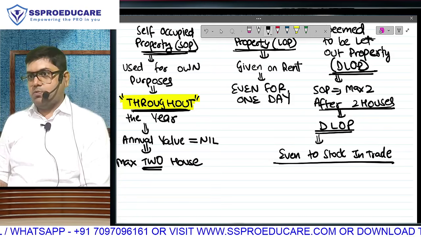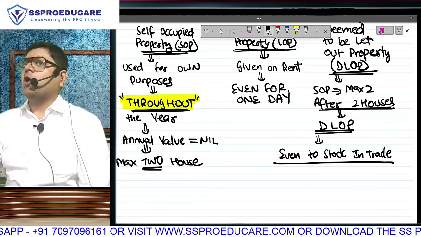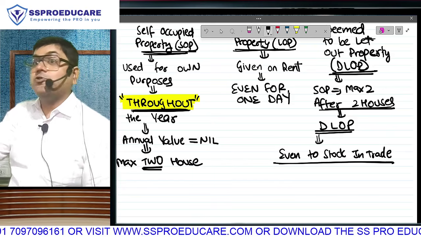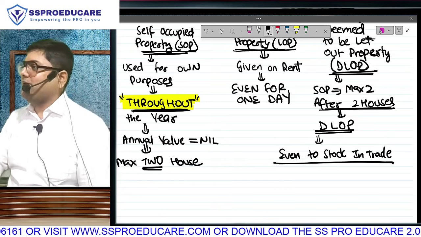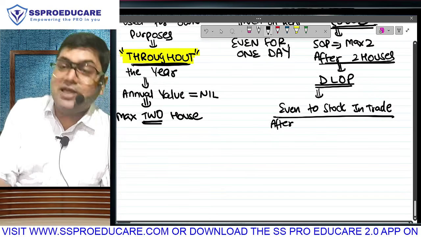So DLOP will now apply also to stock in trade, but we need to be a little fair to them also. When a builder constructs a new building, it is not possible that everything can be sold overnight. 100 is an example, so 98 flats can't be sold overnight. We need to give you some time. So we are giving you some time. We will not apply DLOP to stock in trade instantly.